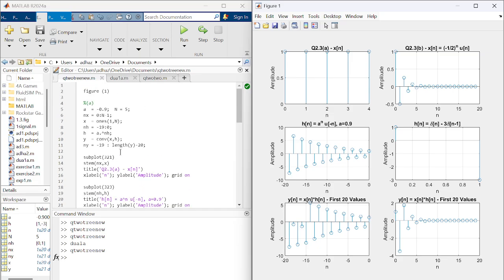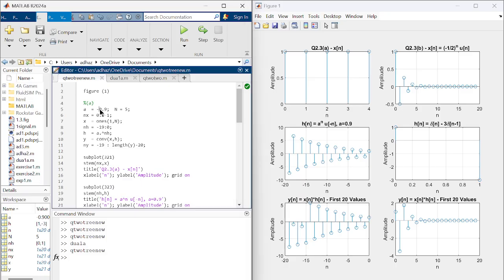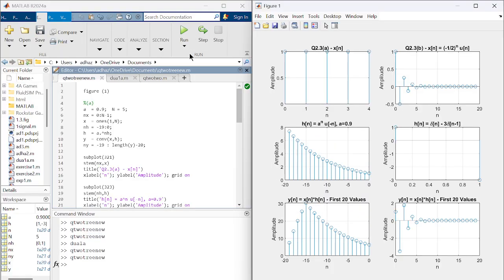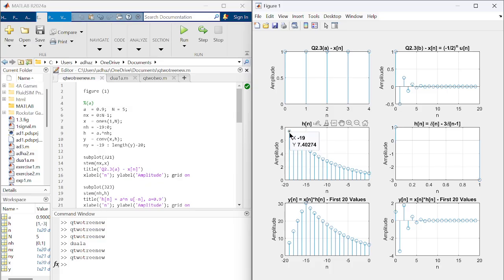For example, if I use negative 0.9 and run it, the values take shape. In the middle, the values run from negative 19 till 0.